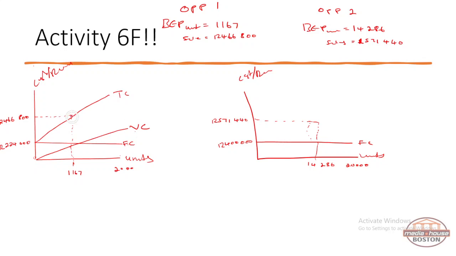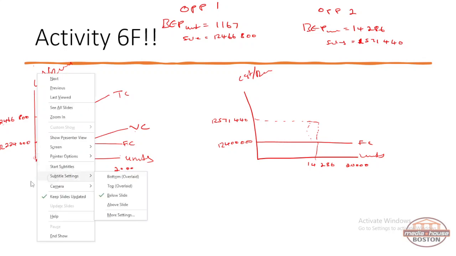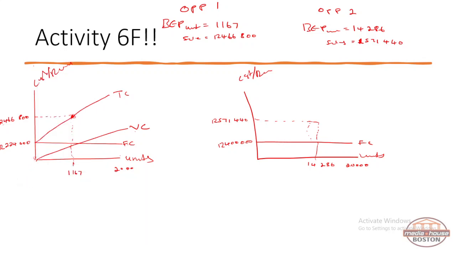And then at this point, the produced units will be 1,167, and therefore our total cost will be 466,800. And then once we start selling units, if we don't sell any units, we expect the cost to be zero, we expect the revenue to be zero.